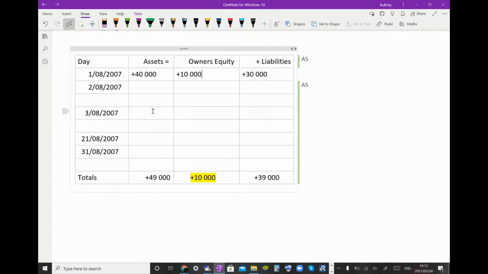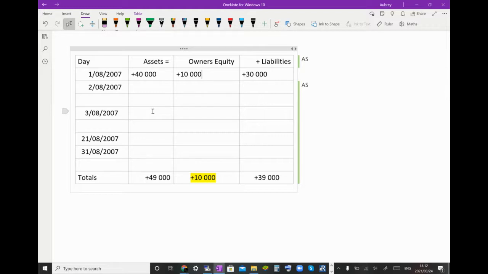If I get a loan for 100,000, that's a liability, so should it be a plus or a minus? It needs to be a plus because it's increasing how much I owe. Does it make sense?